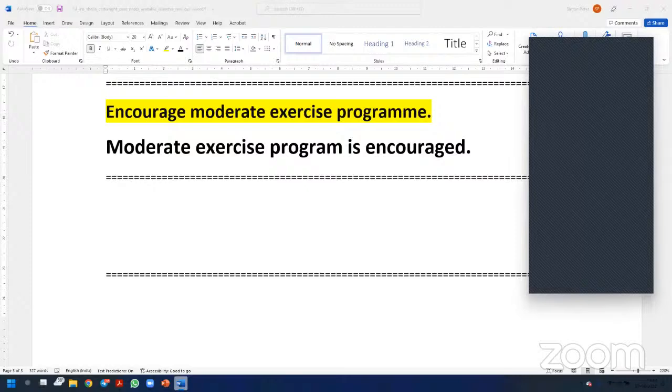How can I start the fourth paragraph? Following the discharge, or upon discharge. You can say what is required following the discharge.